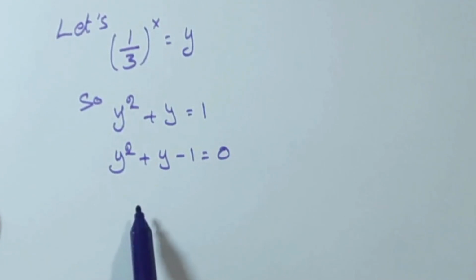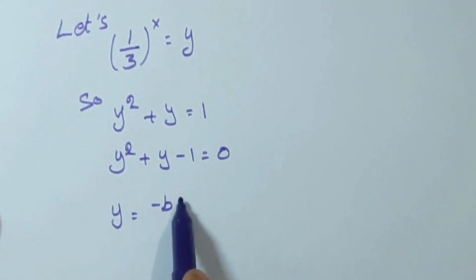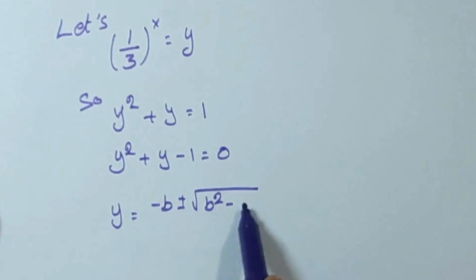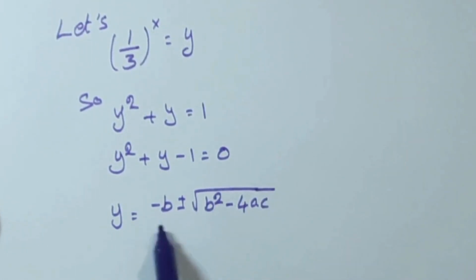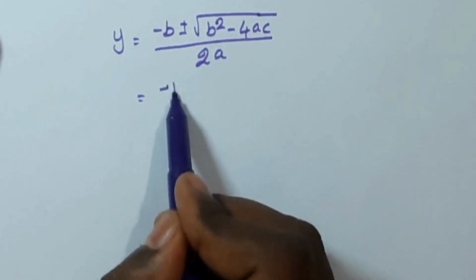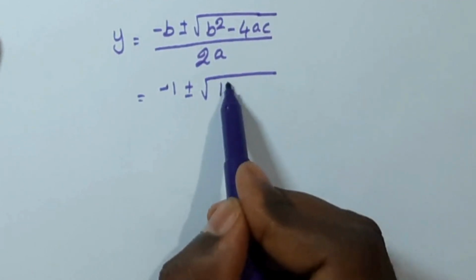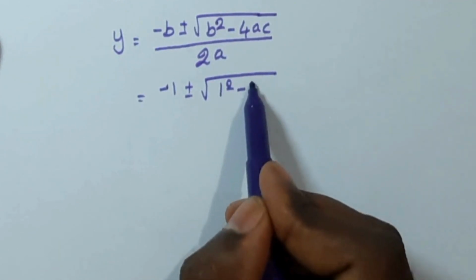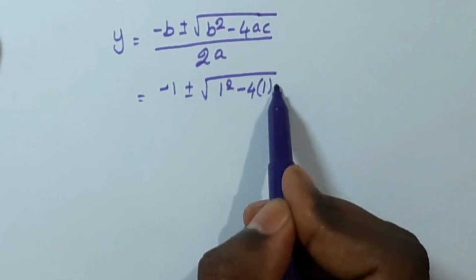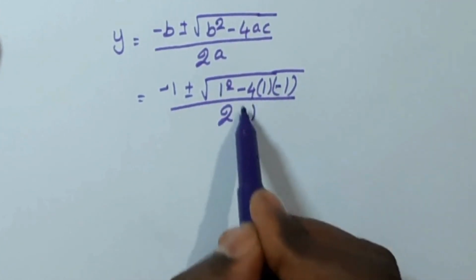Now we are going to find by quadratic equation y equal to minus b plus or minus square root of b square minus 4ac by 2a. Now minus 1 plus or minus square root of 1 square minus 4 into 1 into minus 1 by 2 into 1.